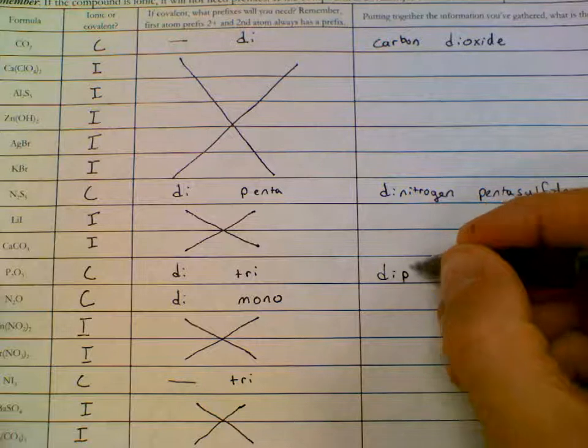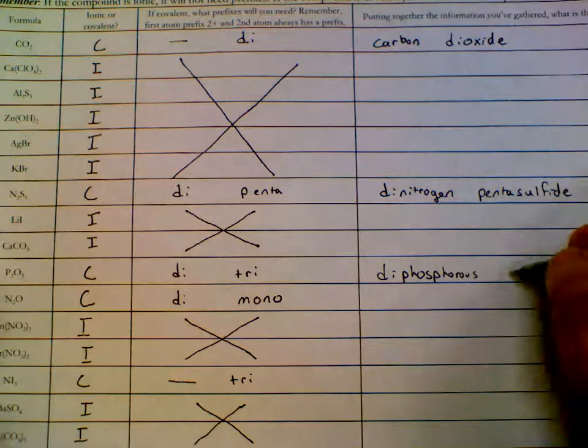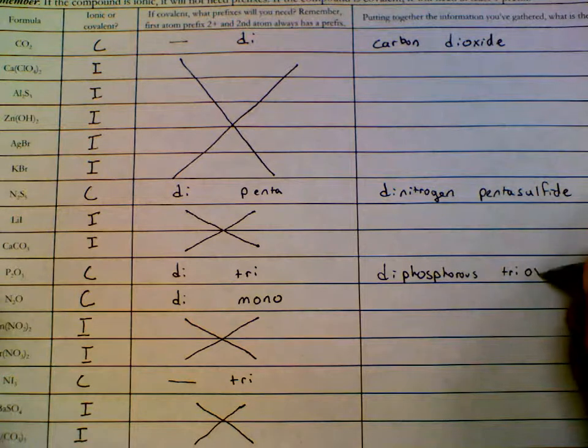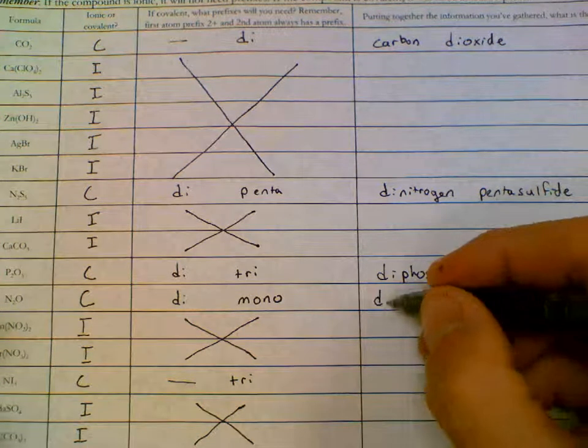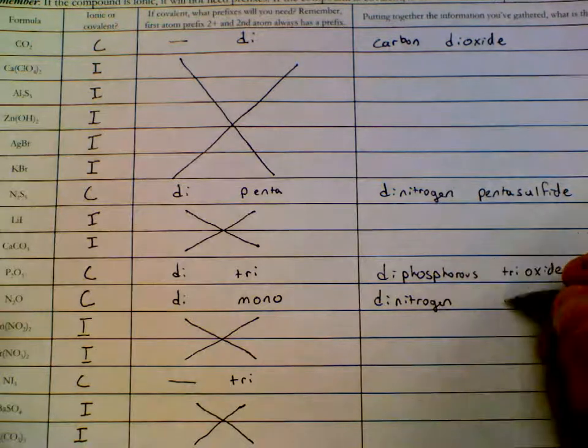Diphosphorus. Then we have prefix tri. Oxygen turns to oxide. Here we have dinitrogen. And then we have mono.